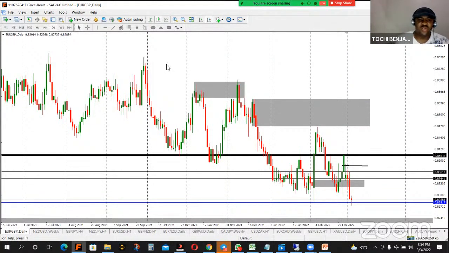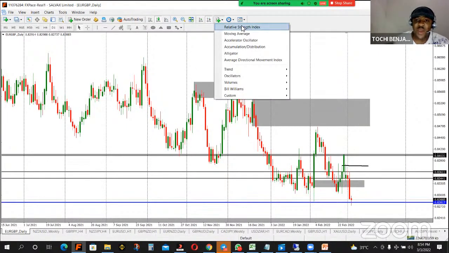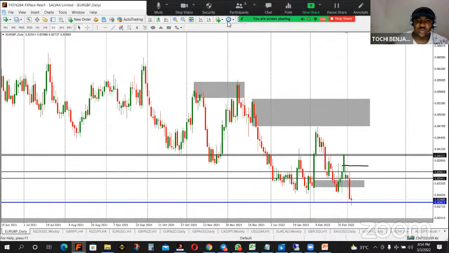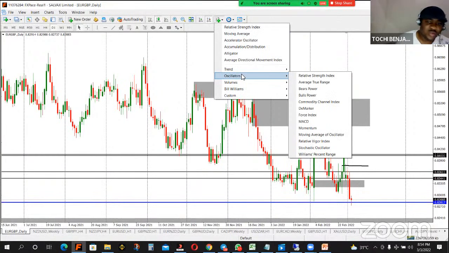If you want to get RSI on your chart, go to indicators. For those of us using a laptop, go to indicators. Now go to relative strength index. But if you have not used it before, you will not see it here. Where you see it is, you go to oscillators, not trend.